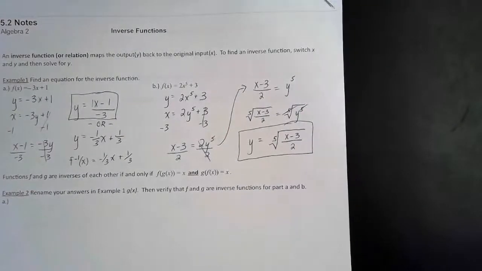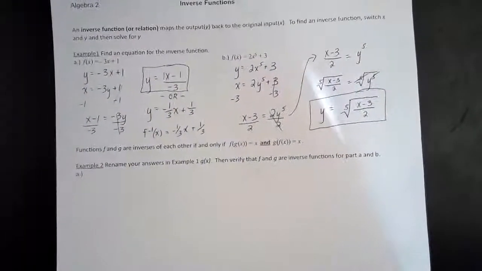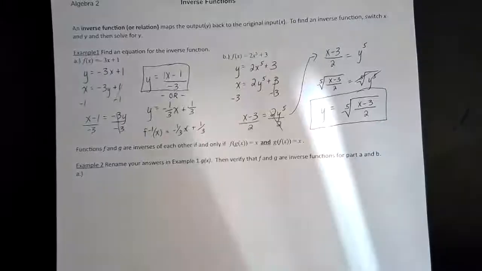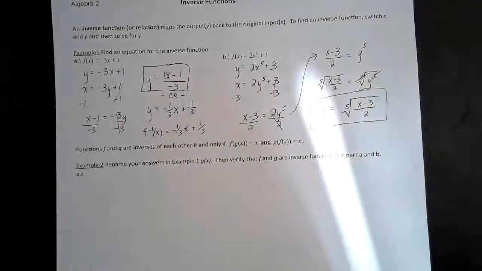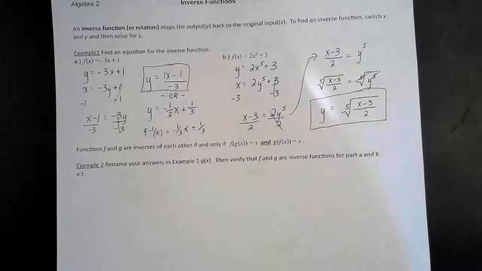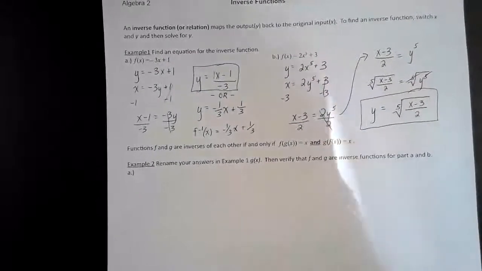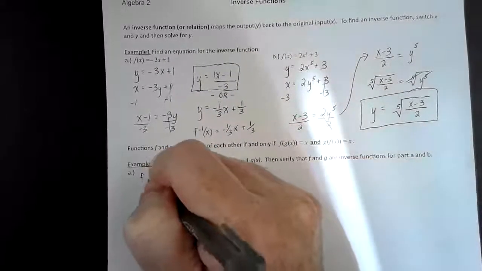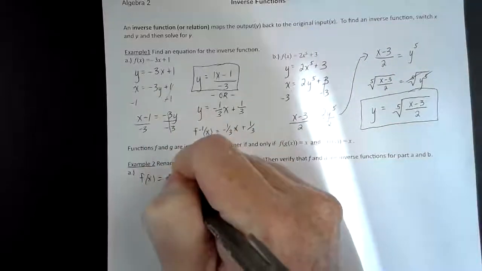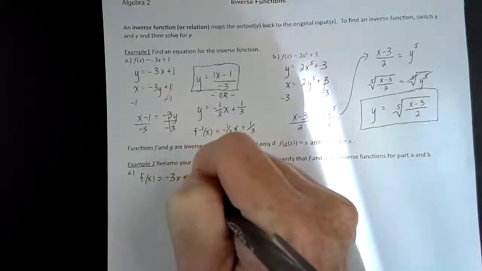Now we are going to do the verifying step. And oh, is this fun. All right, rename your answers in example 1, g of x, then verify that f and g are inverse functions for part A and B. So we had f of x equal to negative 3x plus 1.